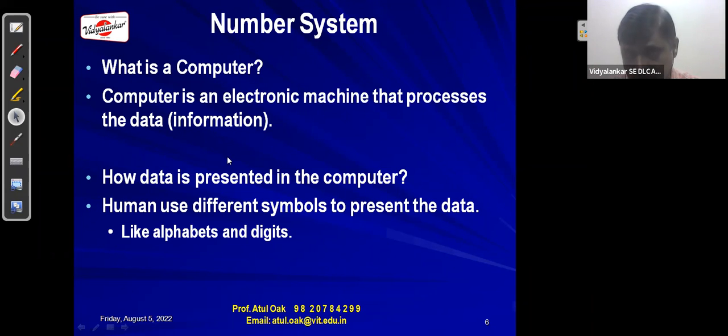I'm dictating, you are writing in the notebook. Computer is an electronic machine that processes the data (information).